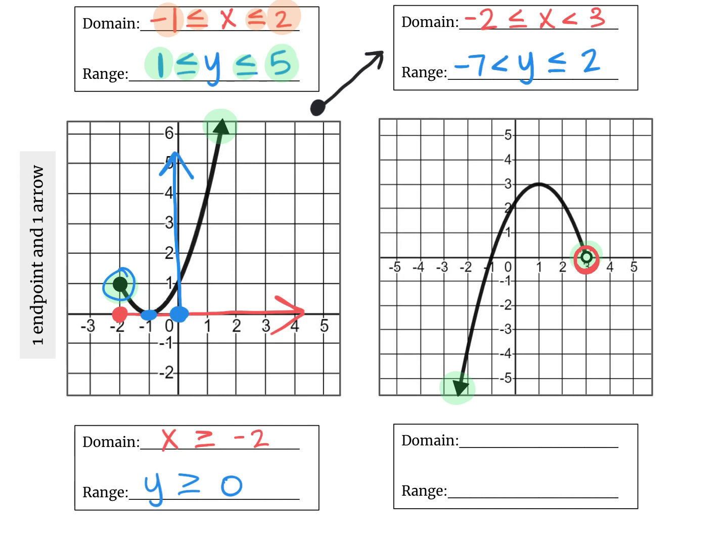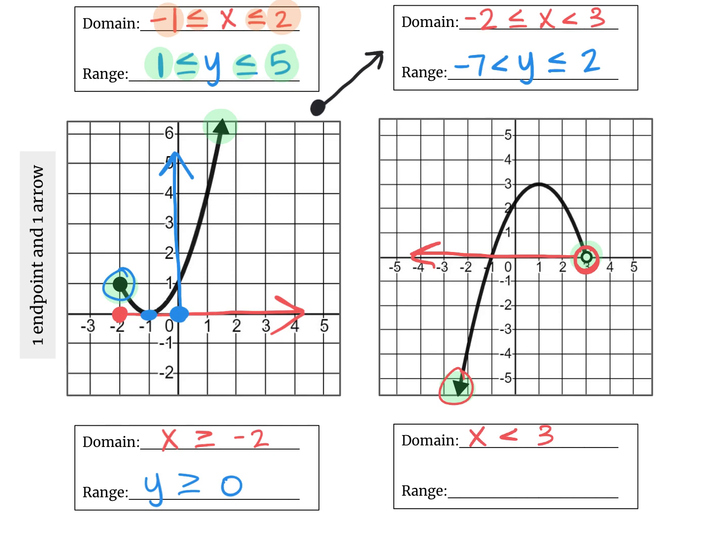Notice my arrow is on the left of 3. So that means it's pointing to the left. So my x values are not going to be bigger than 3. The numbers to the left of 3 are getting smaller, so x is less than 3. And it's an open circle, so I keep it less than, not less than or equal to.